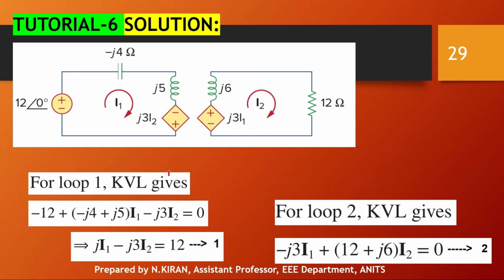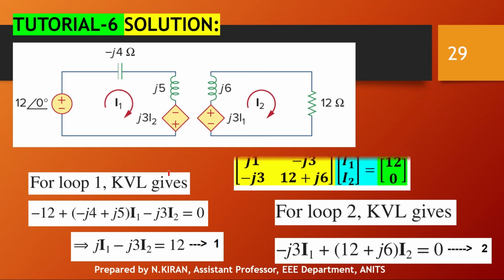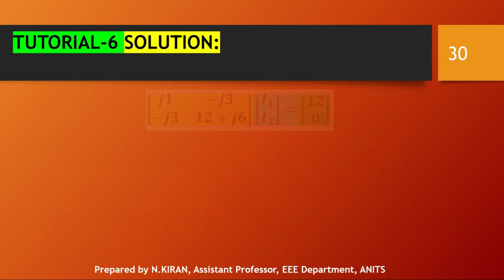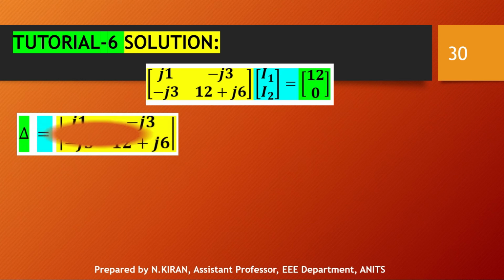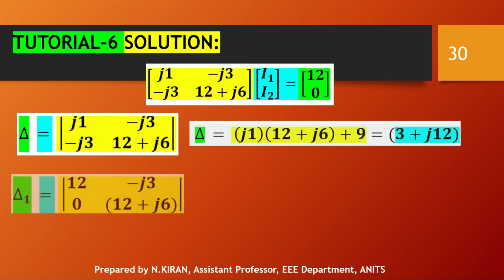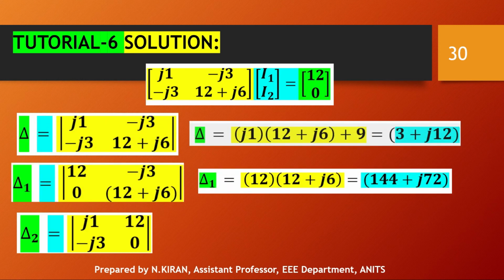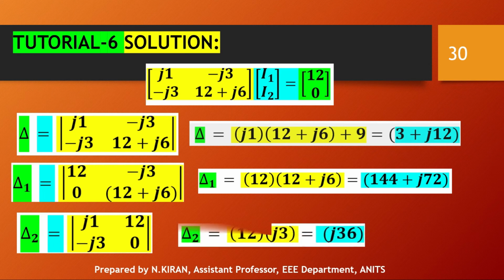So writing equations 1 and 2 in matrix form and solving for I1 and I2, I1 is equal to delta 1 by delta and I2 will be delta 2 by delta. So using Cramer's rule, find the values for delta, delta 1 as well as delta 2.